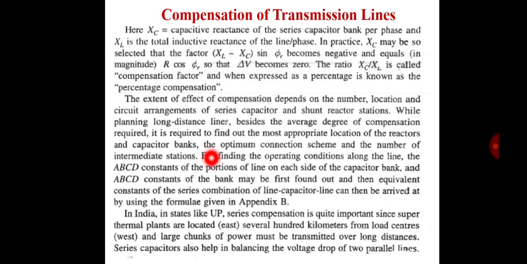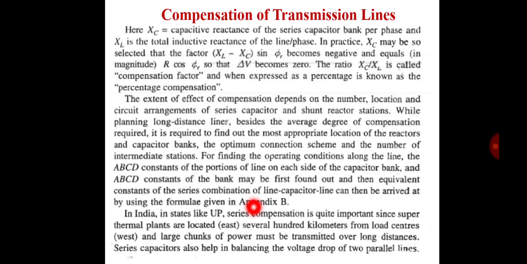Okay, in India, in states like UP, series compensation is quite important since super thermal power stations are located several hundred kilometers from the load centers, and large chunks of power must be transmitted over long distance.